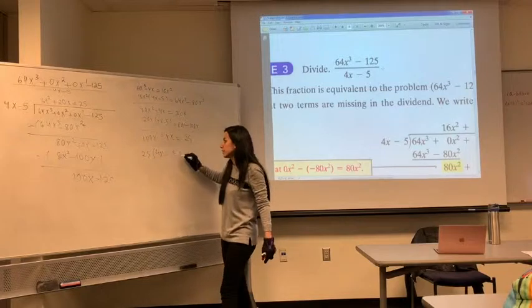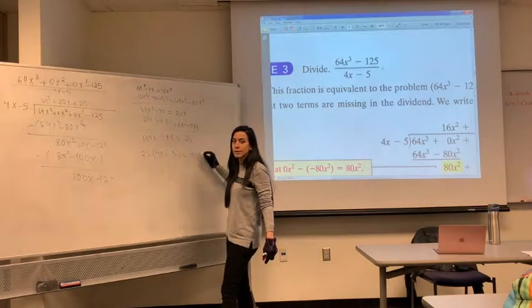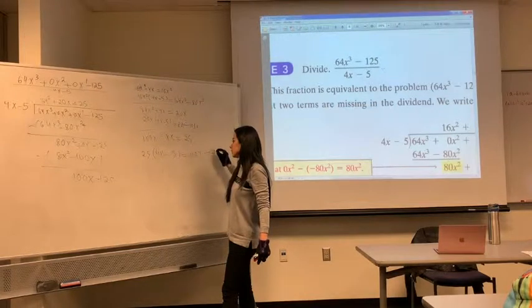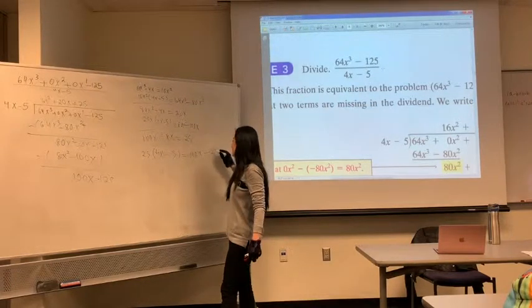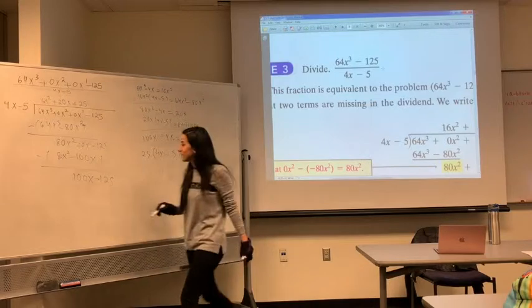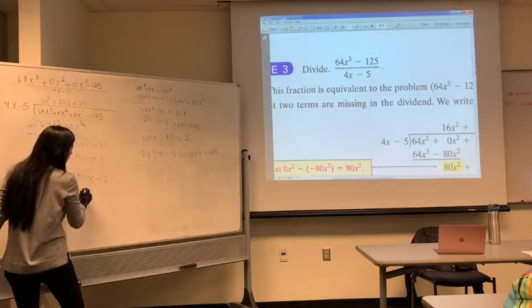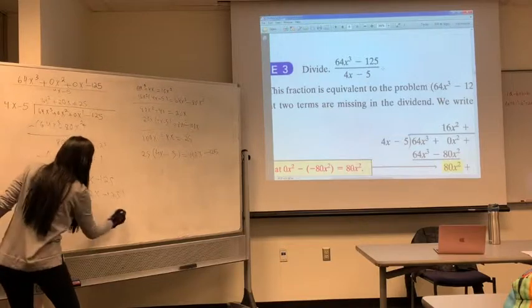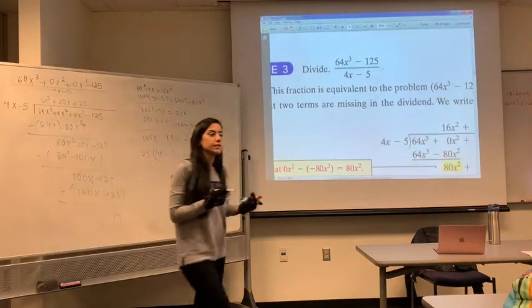X minus 5. 100x minus 20. 125, right? 100x minus 125. So, did you get the same answer?